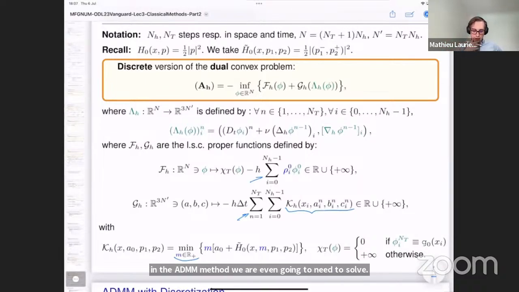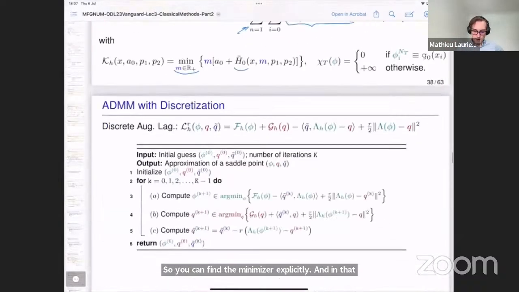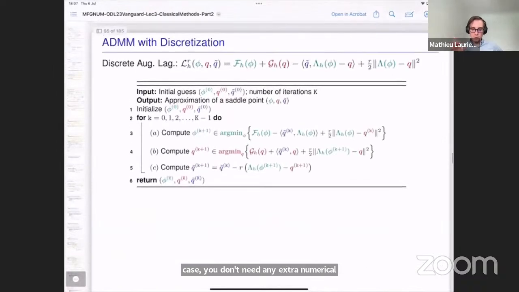So this could be complicated, but for some choices of H tilde 0, at least, then the problem is easy to solve somehow. So you can find the minimizer explicitly. And in that case, you don't need any extra numerical computation for this sub problem.